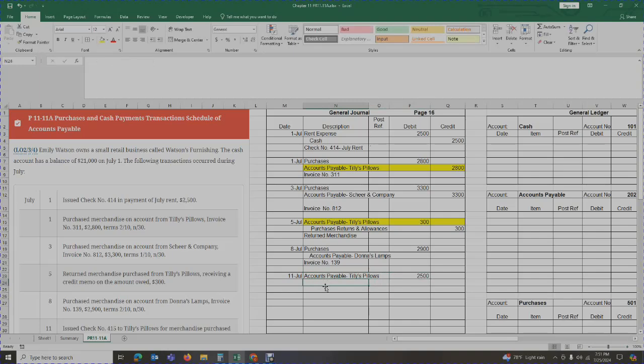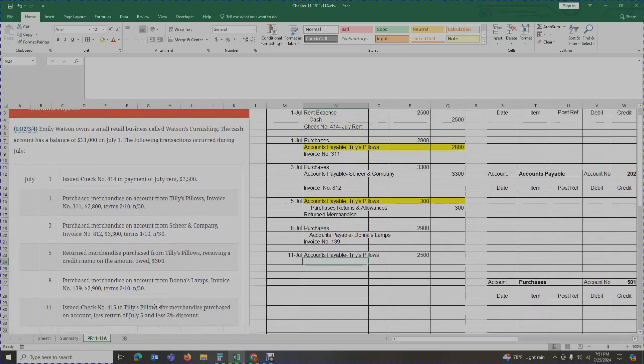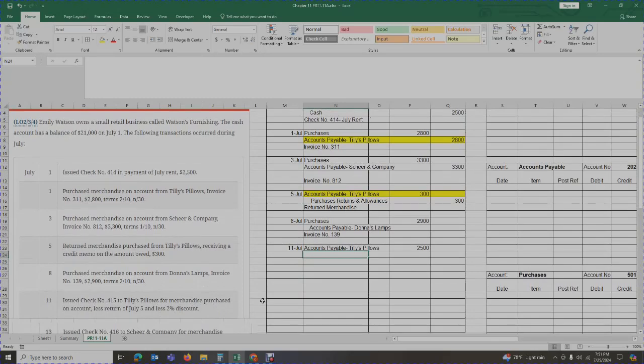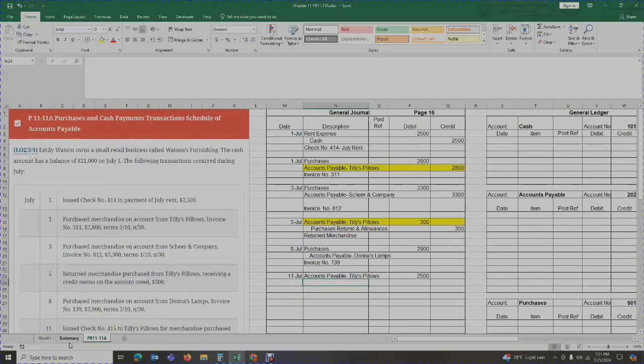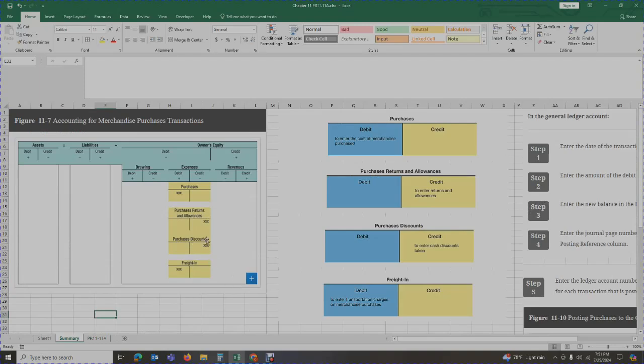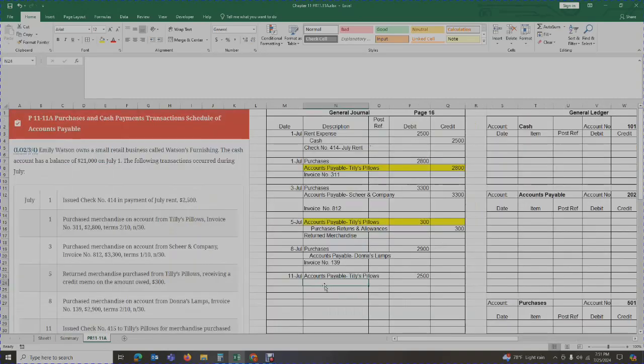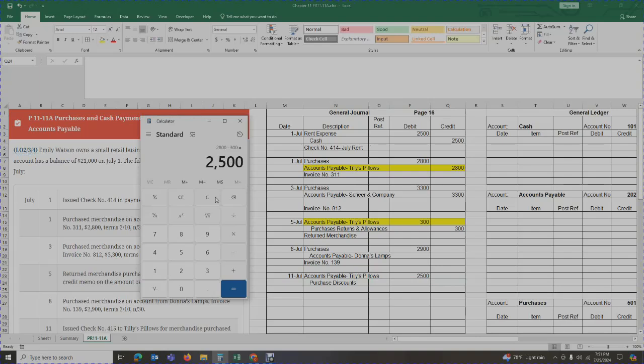Now what else happened? Well, we need to figure out how much the discount was, okay? Because it says there on the 11th that there's a 2% discount. So, discounts get credited. So if you see here on figure 11.7, discounts get credited. So let's go ahead and do purchase discounts. Okay? So, the balance that we owe is $2,500, and we are going to get a 2% discount per the problem, okay?